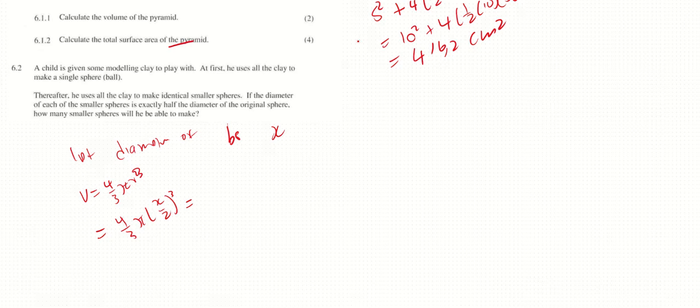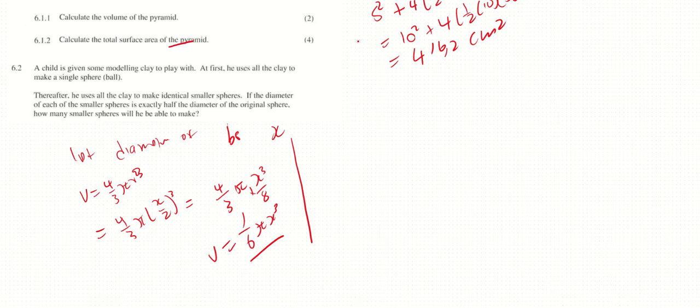So in this case we're going to have 4/3 π x cubed over 8, which is 4/3 times 1/8. So we get 1/6 π x cubed. This is the volume of the clay.